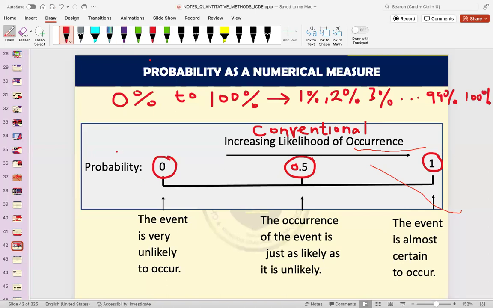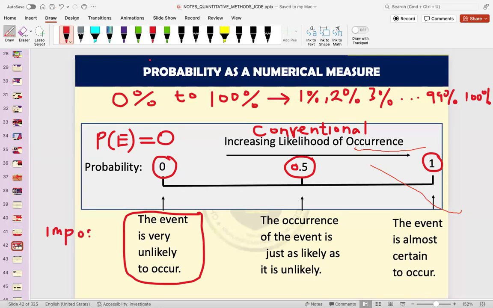The first one is when you say your probability of any event, E, P of E like this, probability of any event equals 0. What is the meaning of probability of any event equals 0? It means that the event is unlikely to occur, or it is impossible for the event to occur. Anytime you hear that your probability is 0, it means it is impossible for the event to occur.